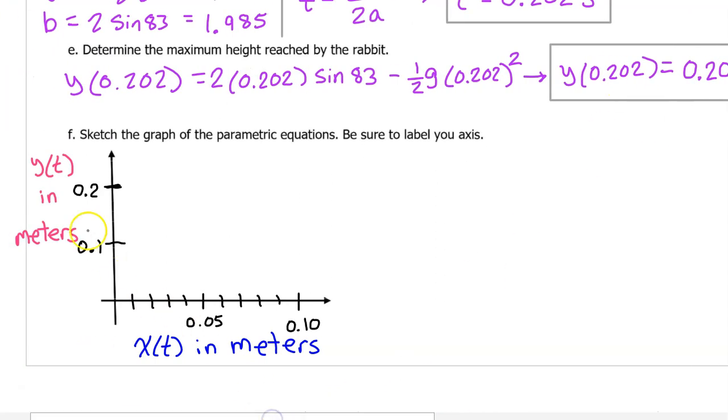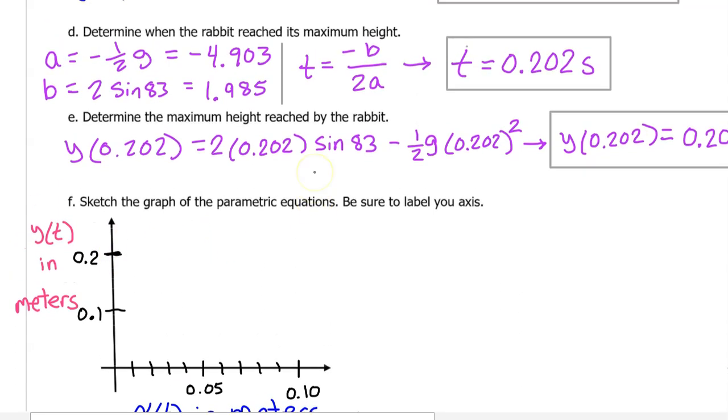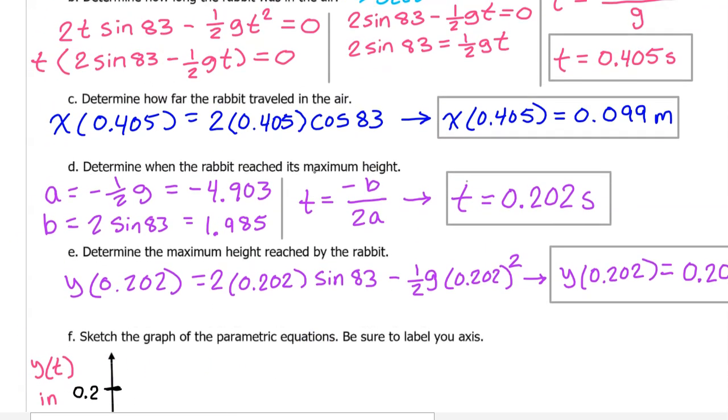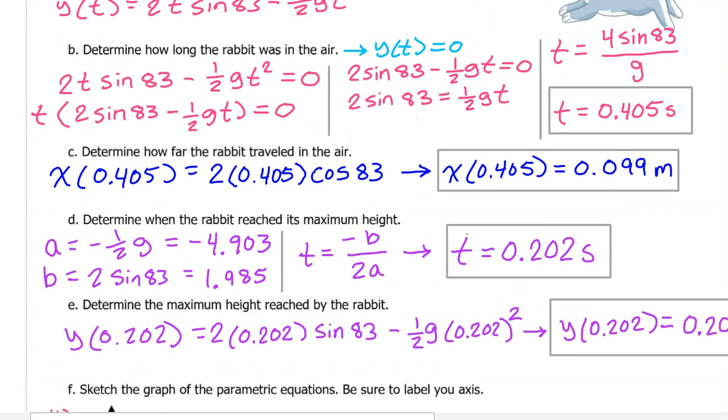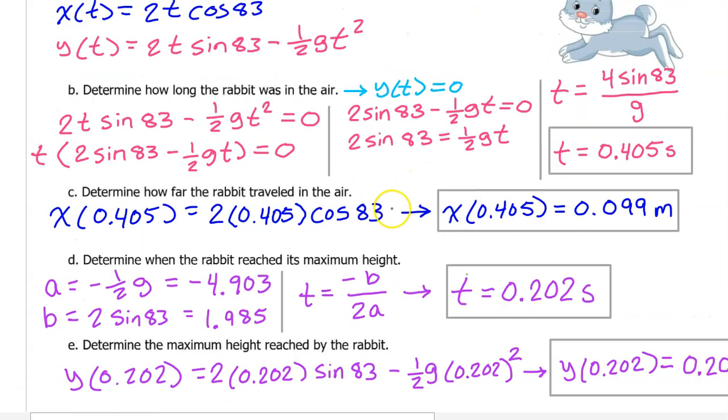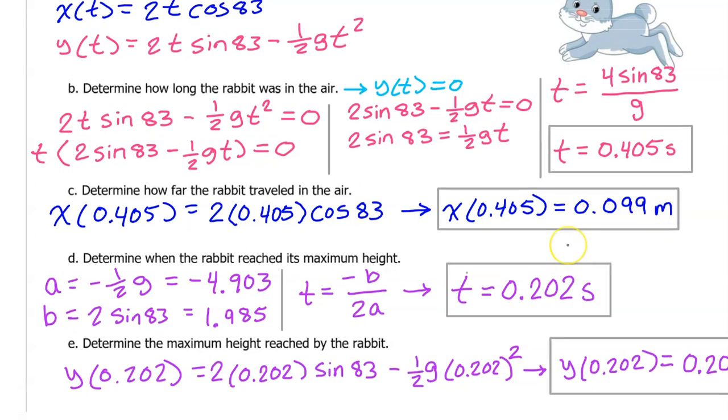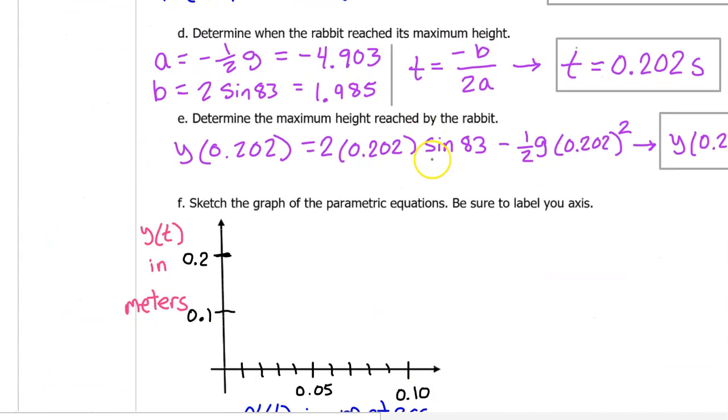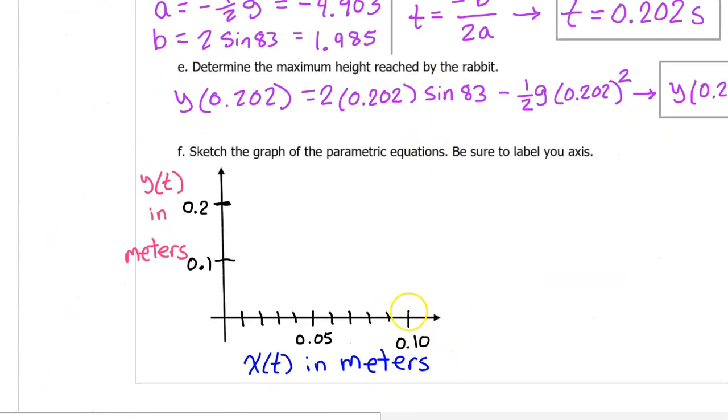So I have chosen to put 0.2 right here near the top. Also, we know that the total distance jumped by the rabbit was 0.099 meters. That's almost 0.1. So that's why I'm putting 0.1 near the end of the horizontal.